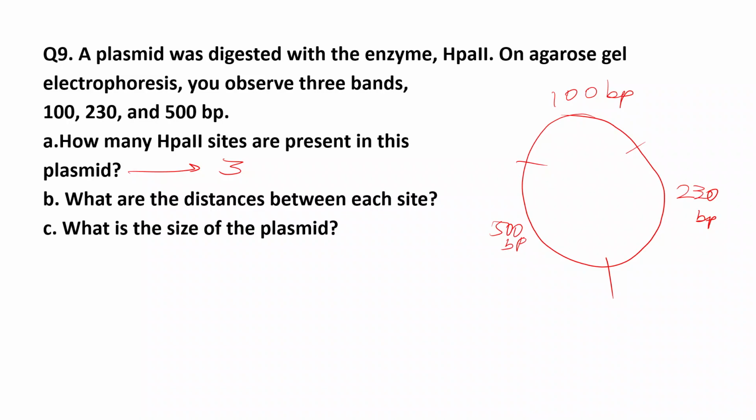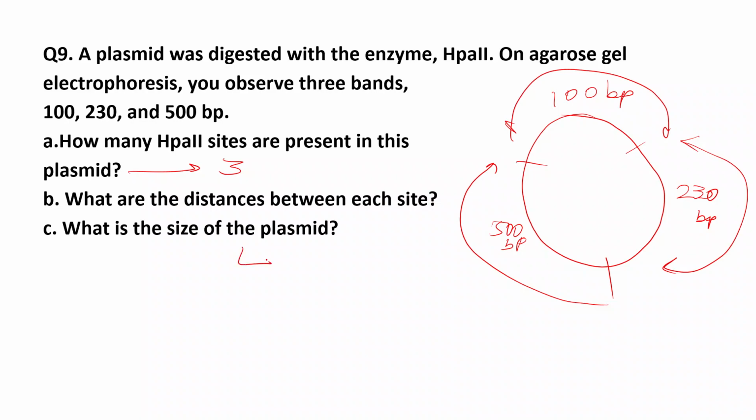Size we can calculate. This is 500 base pair, this is 100 base pair, and this is 230 base pair. And the total size of the plasmid is 100 plus 500 plus 230 base pair, which is 830 base pair.